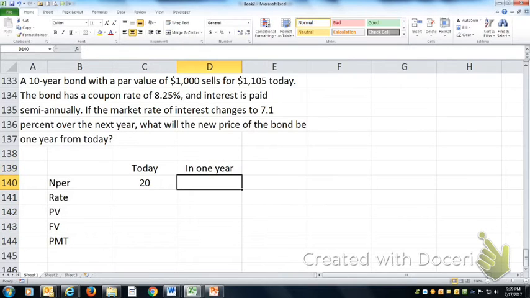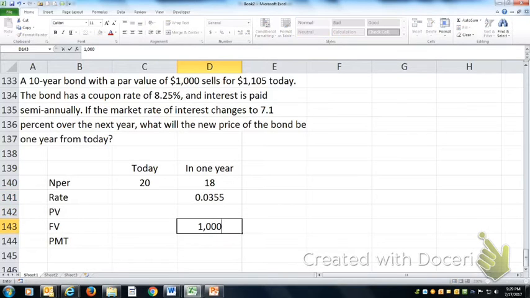In 1 year, it'll only have 9 years to go and 2 payments a year. It doesn't tell me what the yield to maturity is today, but it tells me that it'll be 7.1% a year from now. So the 6-month yield to maturity a year from now would be half of that.